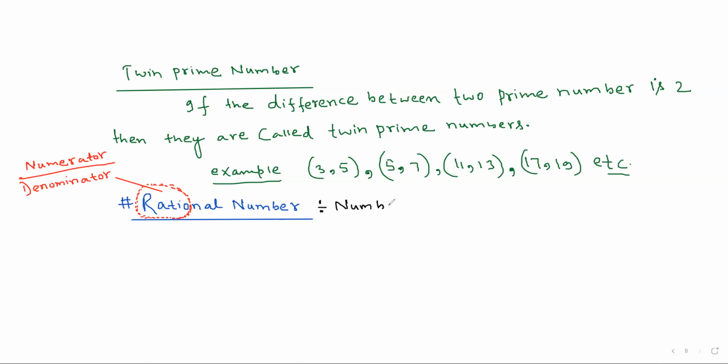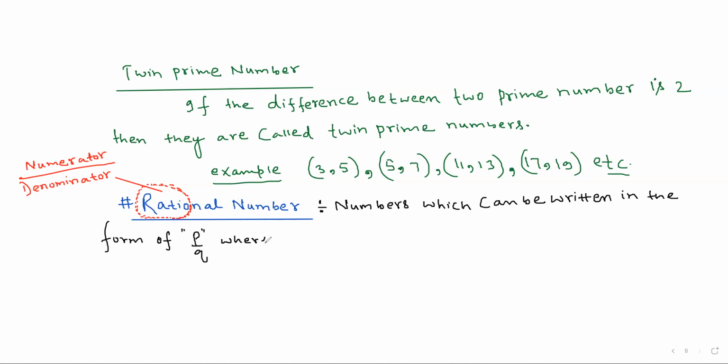So numbers which can be written in the form p by q, meaning numerator upon denominator, where p and q both belong to the integers, and also note the denominator can never be zero, because whenever the denominator becomes zero, the function is undefined.